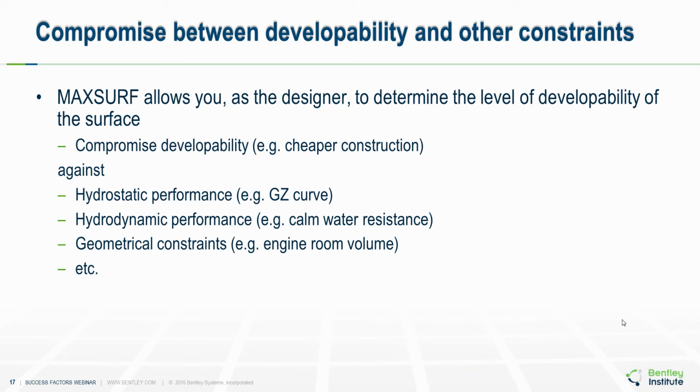So we can compromise the developability, i.e. cheaper construction, against maybe hydrostatic performance, i.e. improving the GZ curve or the stability perhaps. The hydrodynamic performance, so maybe calm water resistance, can be reduced by changing the hull slightly, which may impact on the developability of the surfaces. Or maybe there are geometric constraints, for example, to fit the engine into the engine room or some other constraint.